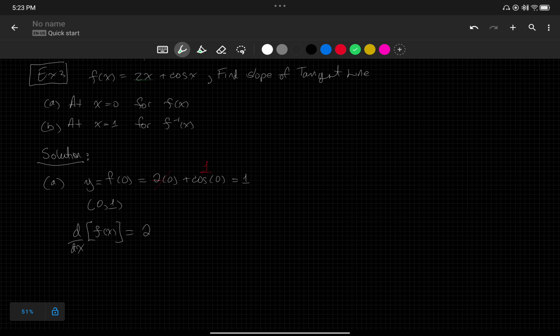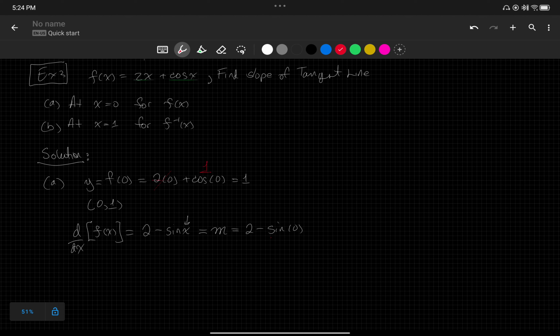And then the derivative of cosine is negative sine. And then if you want to know the slope, you just plug in your x value. So it will be 2 minus sine, and the x value was 0. And sine of 0 is 0. So it looks like this answer is 2.